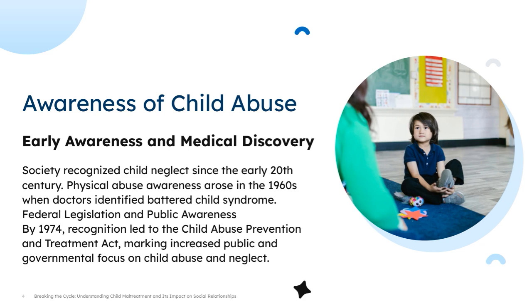By 1974, this awareness led to the passing of the Child Abuse Prevention and Treatment Act, a significant piece of federal legislation that marked a new level of public and government commitment to addressing child abuse and neglect. The image here helps visualize the environment where these issues often arise, reminding us how important it is to protect and care for children in our communities.